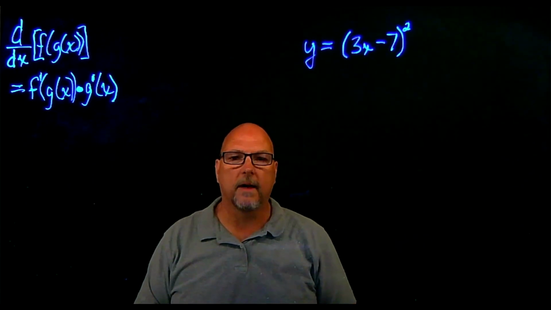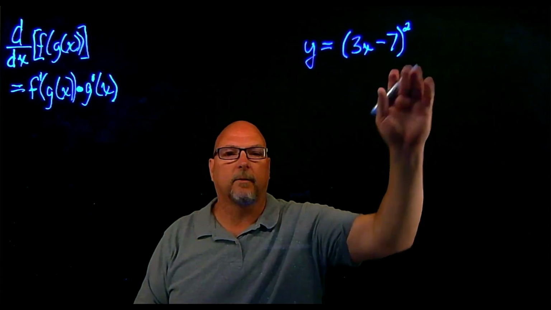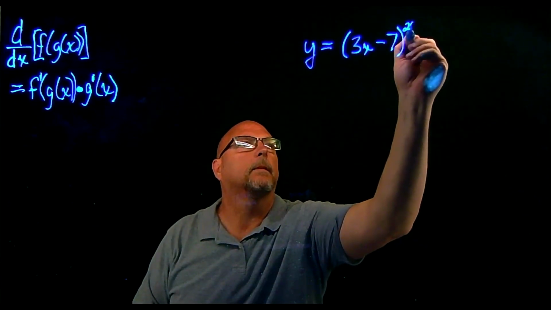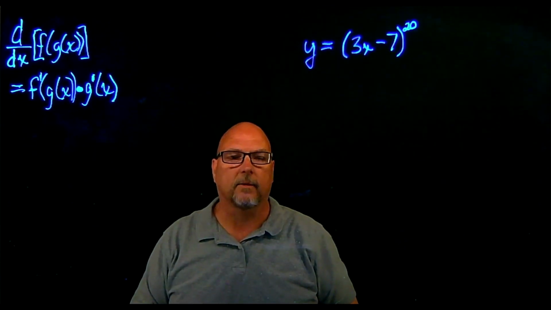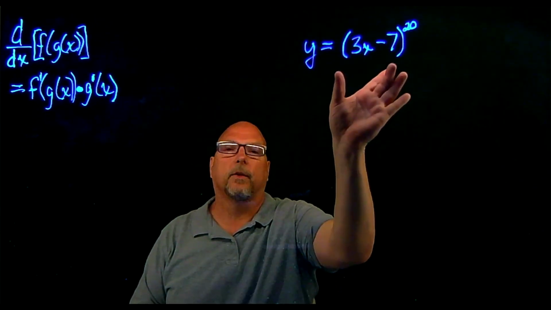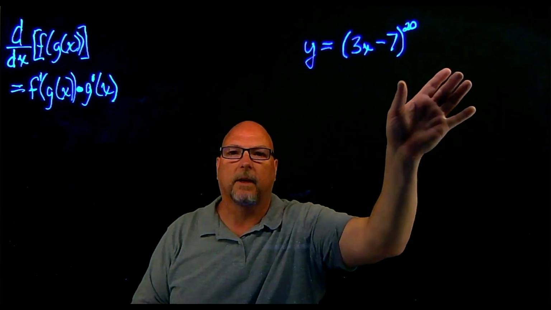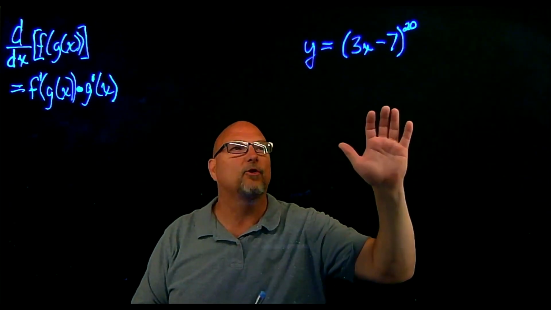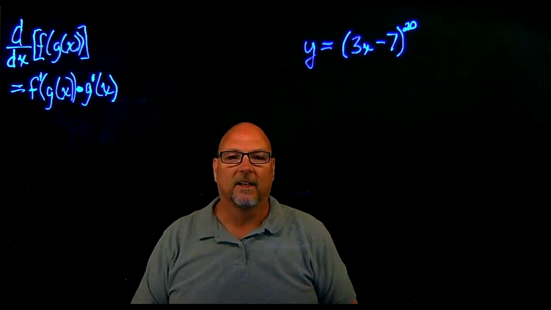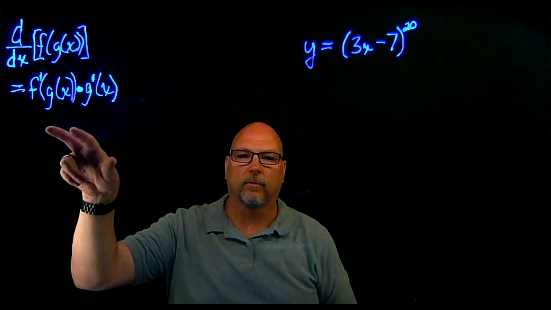But what if that was to the 20th power? So 3x minus 7 times 3x minus 7 times 3x minus 7, 20 times. I don't know about you, but that seems like a lot of work to me. So enter the chain rule.